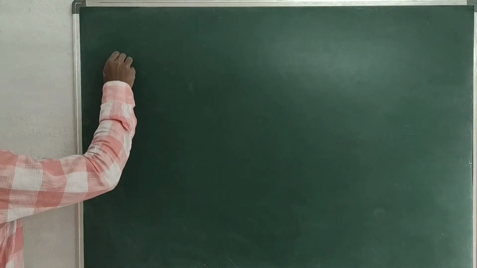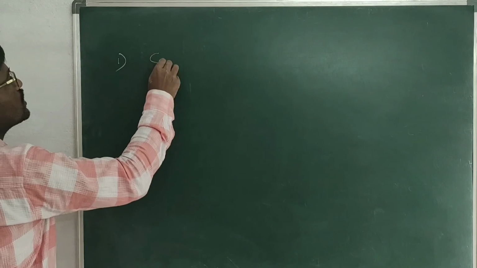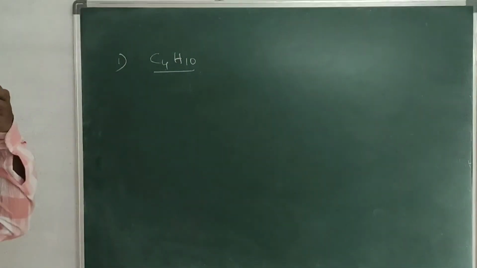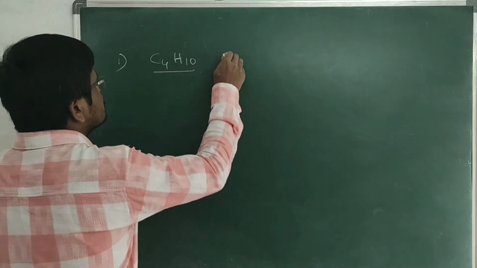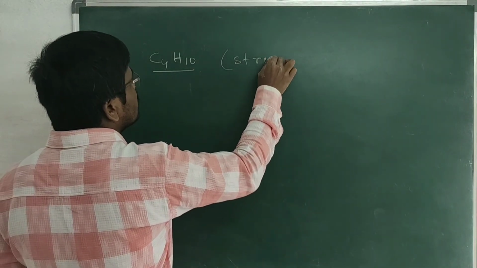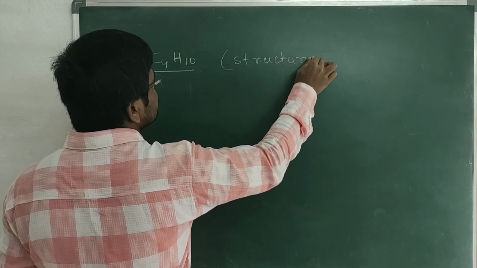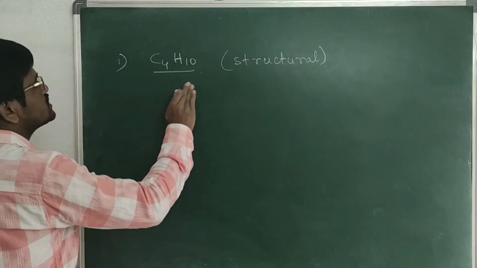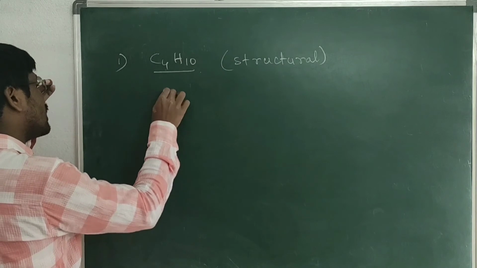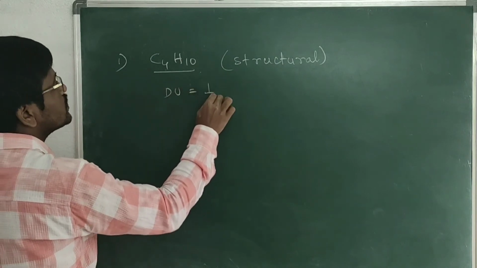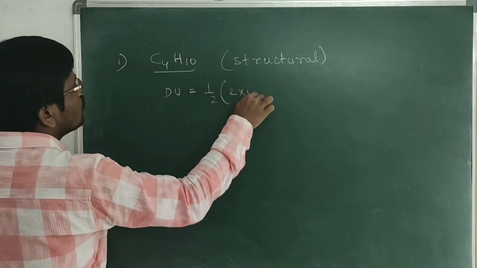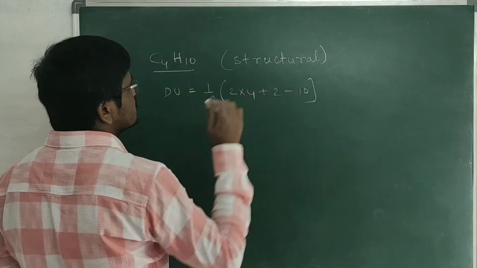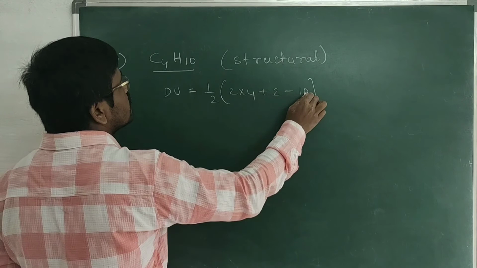Number 1 is C4H10. Calculate the number of structural isomers. For C4H10, the degree of unsaturation is half into 2 into 4 plus 2 minus 10. This is 8 plus 2, 10 minus 10, 0.